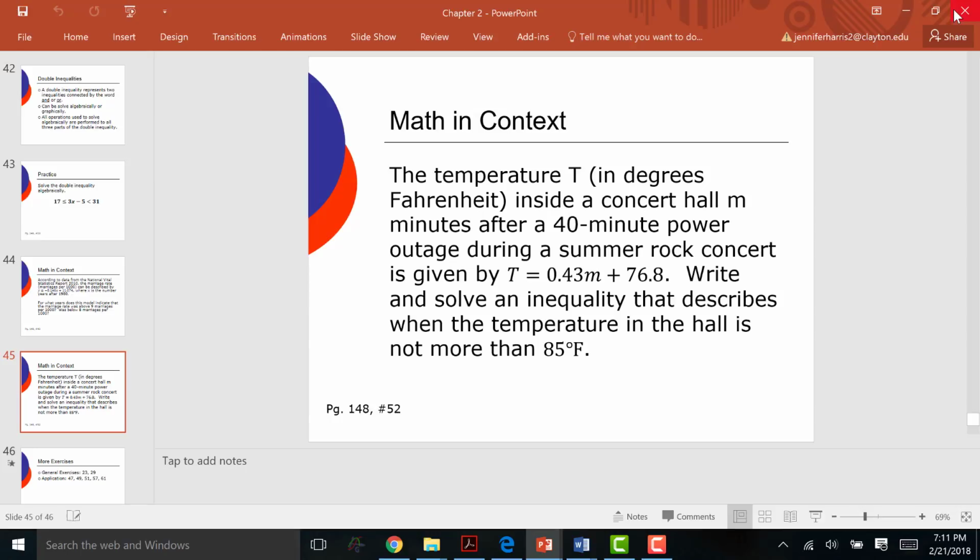Add to the 40. So now it's a total of 59 minutes. You got 59 minutes before things are gonna get hot. It's gonna stay 85 or below once it's underneath those 59 minutes. So this is from the time that the power went out, you got 59 minutes to get it back up.